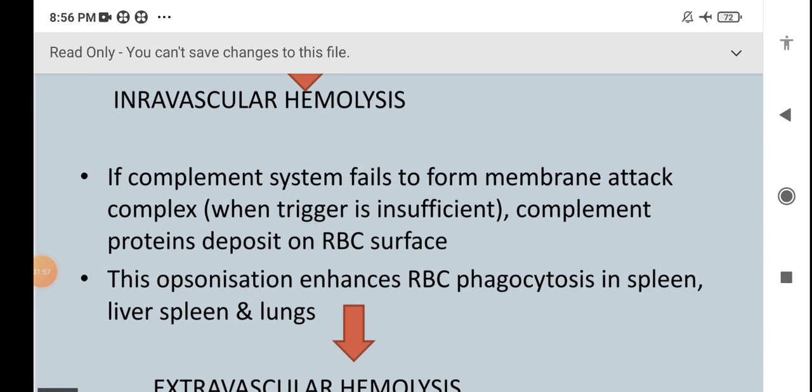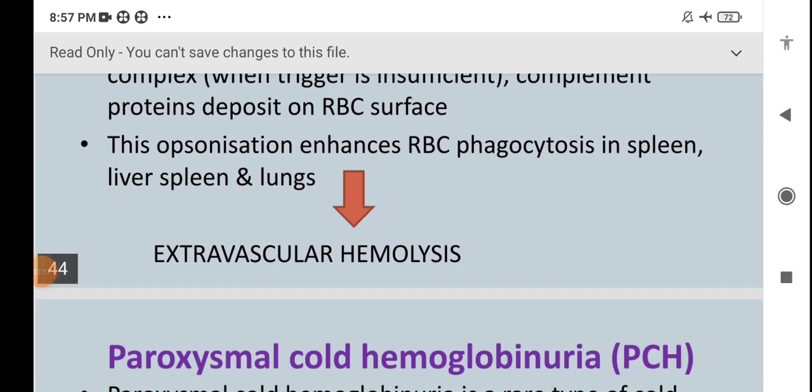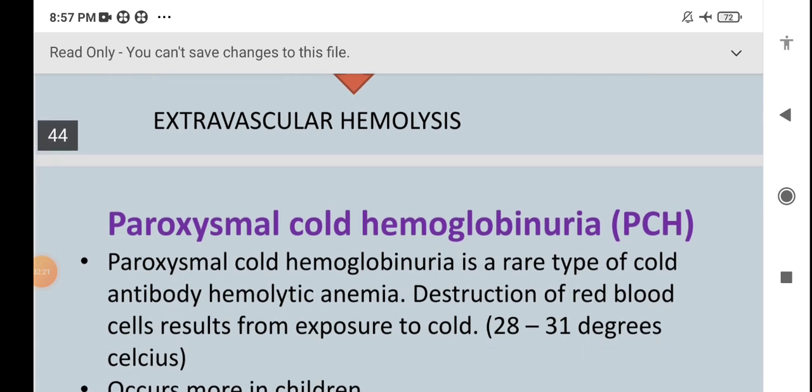If the complement system fails to form the membrane attack complex, when the trigger is insufficient, complement proteins deposit on the RBC surface. This opsonization enhances RBC phagocytosis in the spleen, liver, and lungs, leading to extravascular hemolysis. So, breakdown of RBCs.